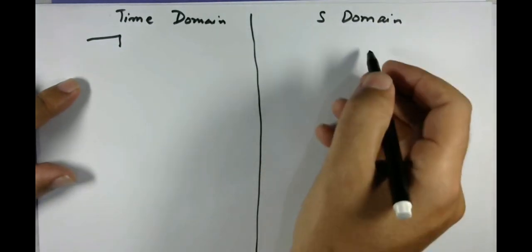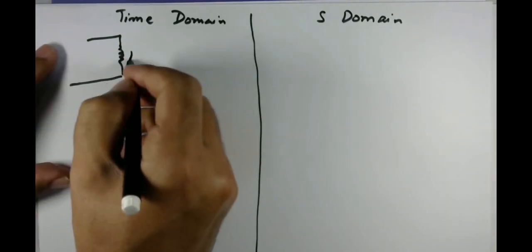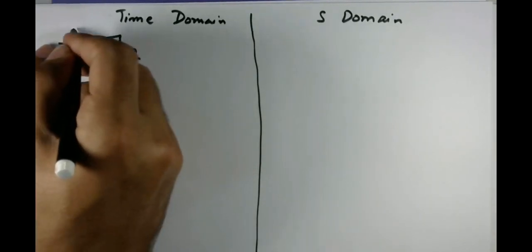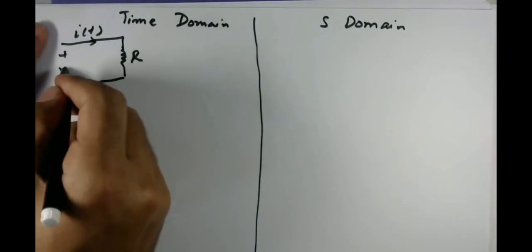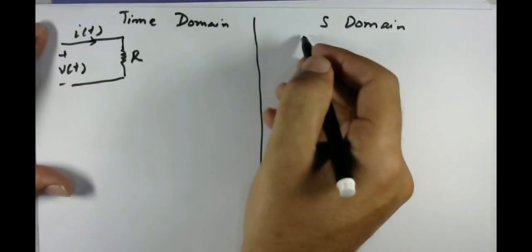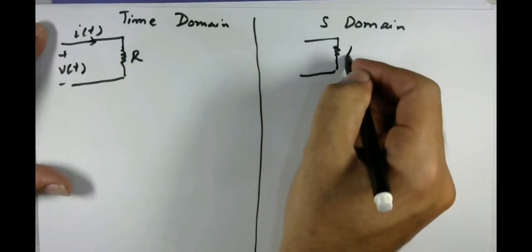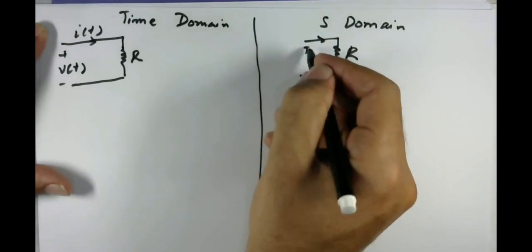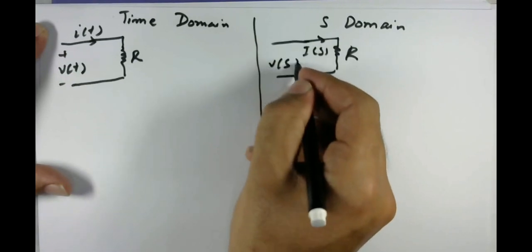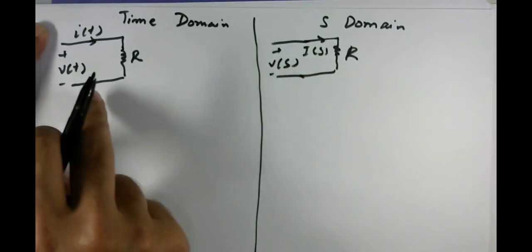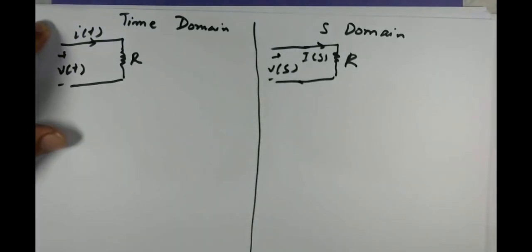Okay, so in time domain, if you are given simple resistor, okay, say this is R, here this is I of t, and here applied voltage is, say, V of t. Okay, so S domain equivalent of this will be the same R. Okay, the current become I of S and the applied voltage become V of S. Remember that this circuit and this circuit contain the same amount of information.